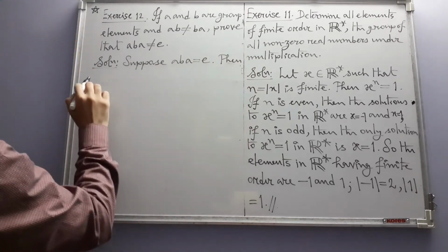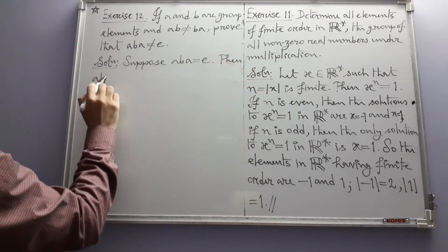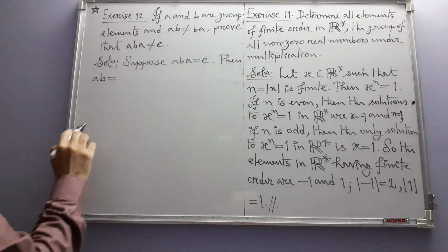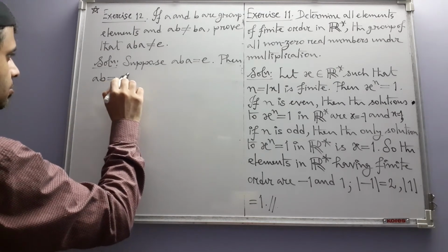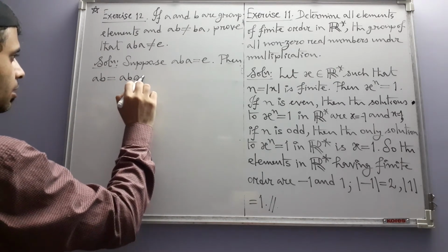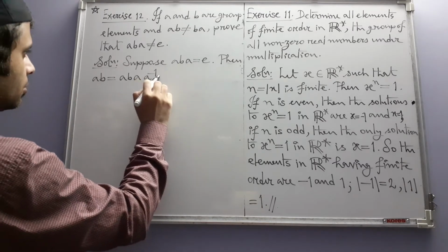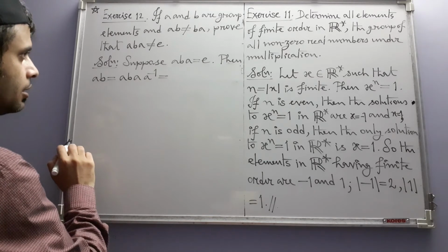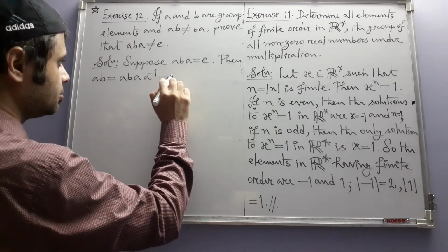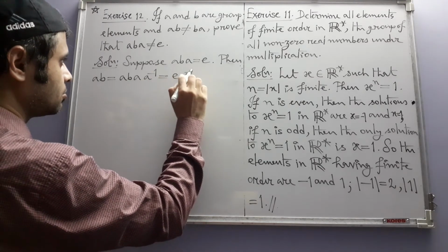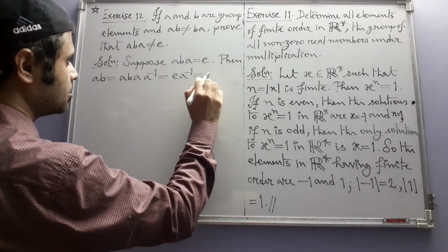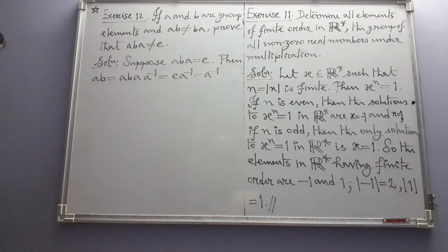Then AB can be written like this: ABA inverse, and ABA is equal to the identity, so EA inverse, this is equal to A inverse.